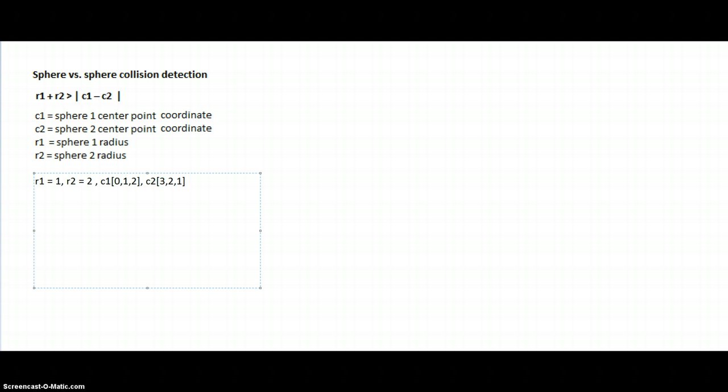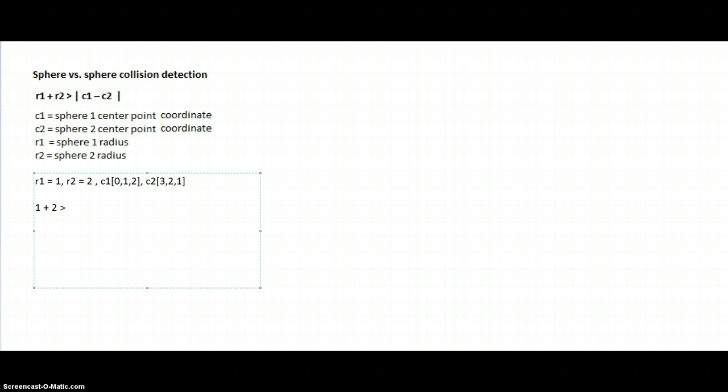Using that formula, let's put the 1 plus 2 there, the radii. Are those greater than the length of the difference of these coordinates? I will go phase by phase with this Pythagorean theorem.